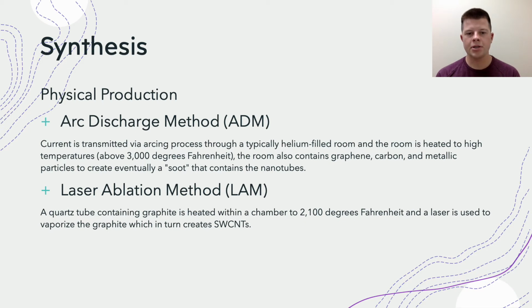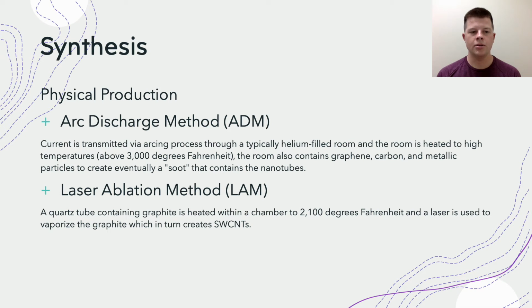The room also contains graphene, carbon, and metallic particles which aid in the creation of the actual nanotubes. And once that arc goes through that material, eventually a soot remains, and that's what actually contains the nanotubes.